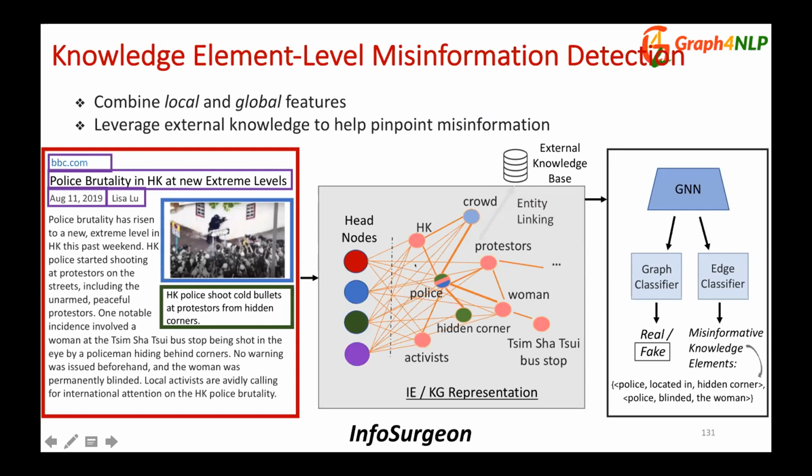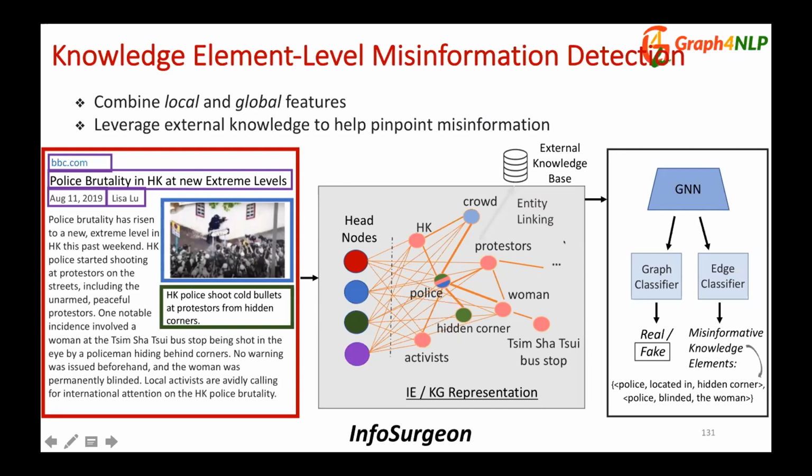You do see police, this location is in Hong Kong, there's a crowd, but the role this police played in this attack event is inconsistent between the image and the caption. The caption says they are shooting at the protesters, but the image does not say that.